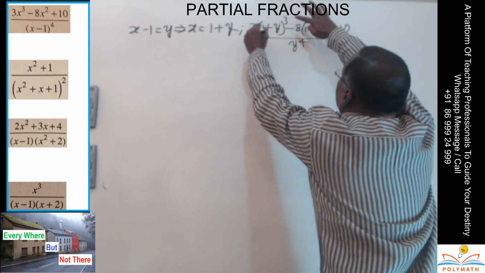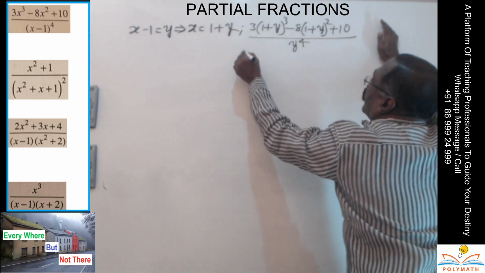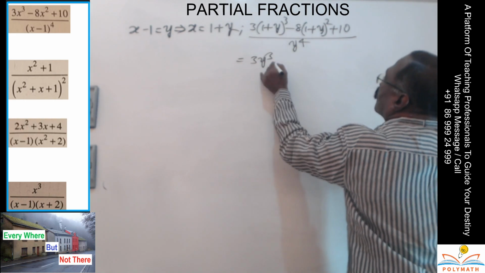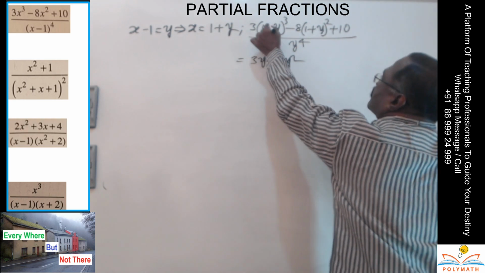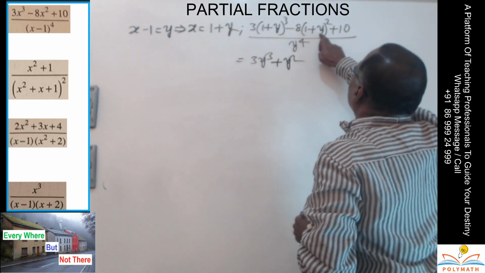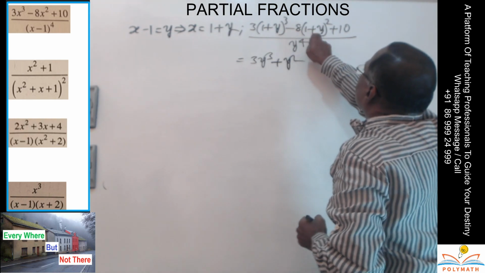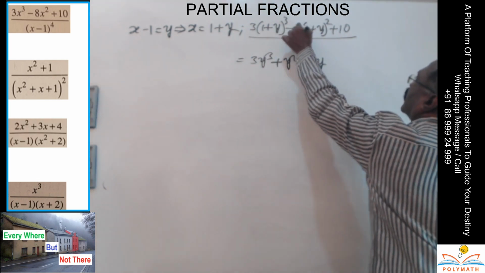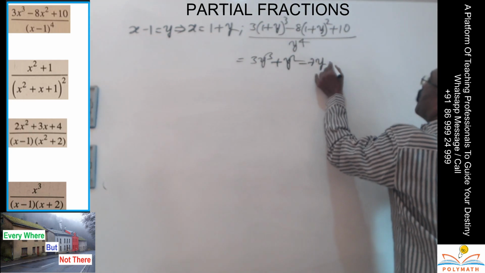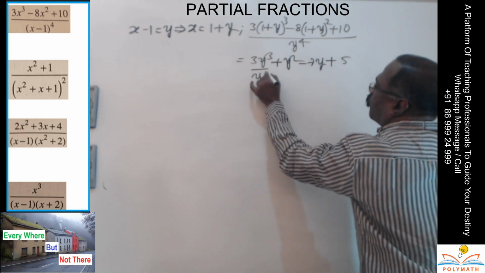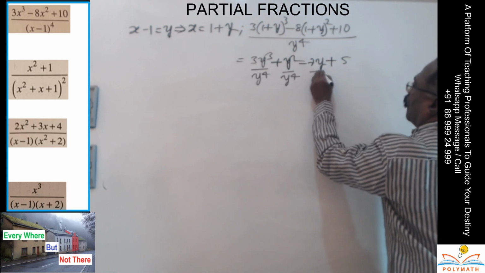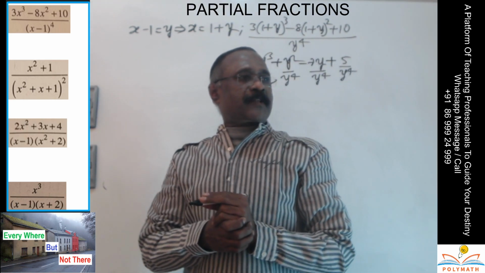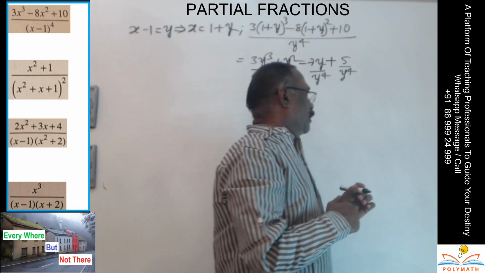Now if you expand this, I'm writing directly: 3y cube plus 3y square into 3, 9y square, minus 8y square, plus y square, plus 3y into 3, 9y, 9y minus 16y, minus 7y, plus 3, minus 8, plus 3, 13 minus 8, plus 5, divided by y power 4. I'm splitting it. Done.